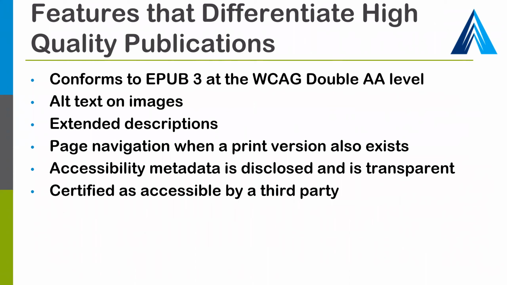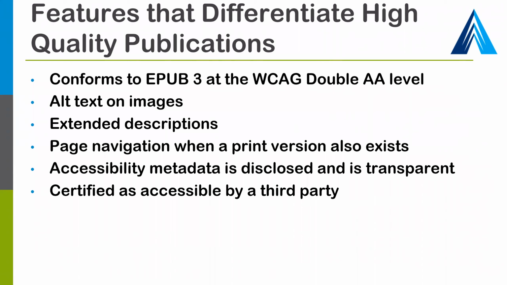So there's a lot of features that we can talk about. It can conform to WCAG at A or AA, and I would recommend AA in the United States. Alt text for images, extended description, which are longer descriptions if it's too big to fit inside alt text.